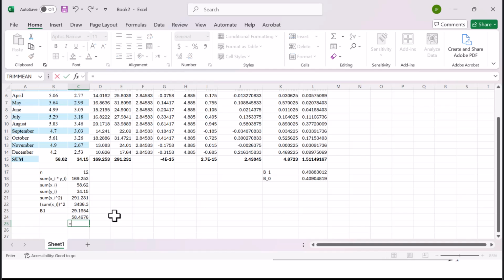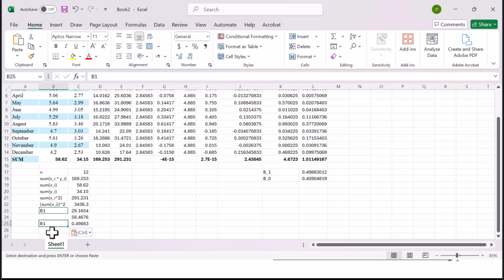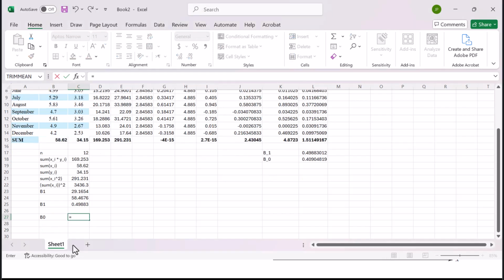That's okay. Then beta 1 is this one divided by this one. So this is beta 1, and beta 0 is equal to the sum of y, this one, minus beta 1 multiply the sum of x, and this all divided by n. So you can see here we found beta 0 and beta 1.